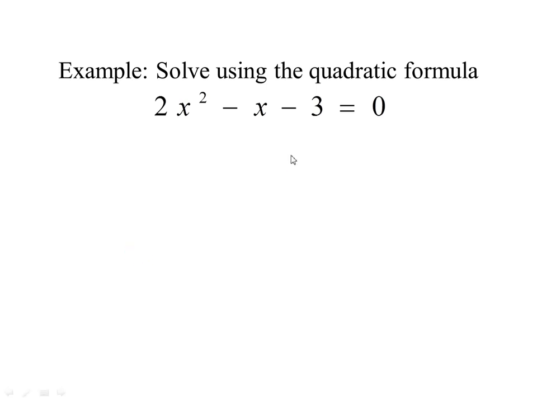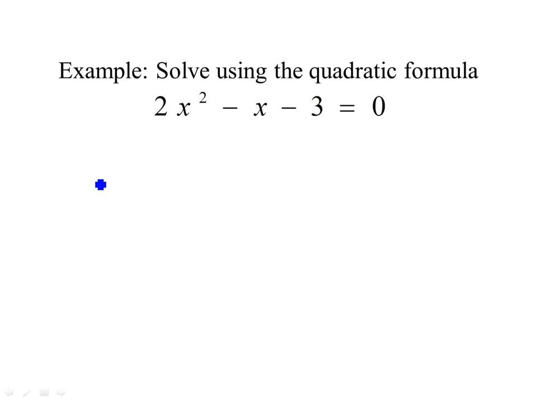This -4 times 2 times -3, put it all in your calculator at one time, or put it all in your head at one time. -4, that's going to be a -4 every single time. -4 times 2 times -3. What are you going to come up with? A positive 24. All over 2 times 2, which is going to be 4.